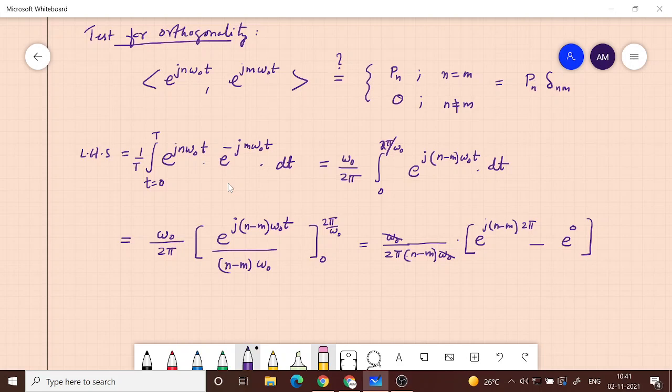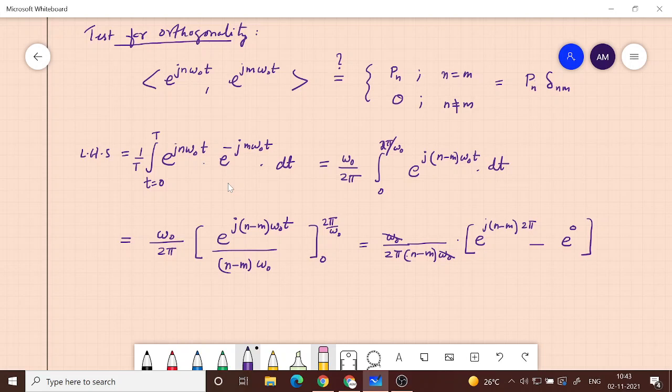n minus m is an integer. It may be a positive integer or a negative integer, depending on the value, but since n is not equal to m, it will definitely be an integer. So you can write this as cos of n minus m times 2 pi plus j sin of n minus m times 2 pi, and sin of an integer multiple of 2 pi is 0, cos of an integer multiple of 2 pi is 1.